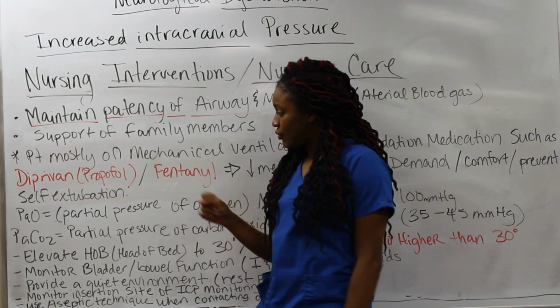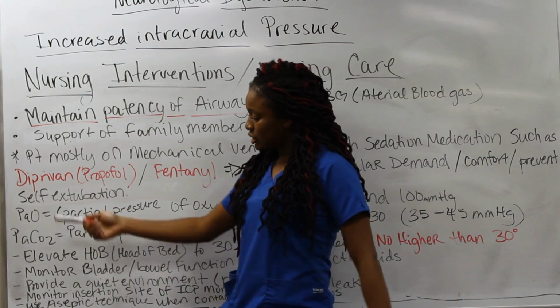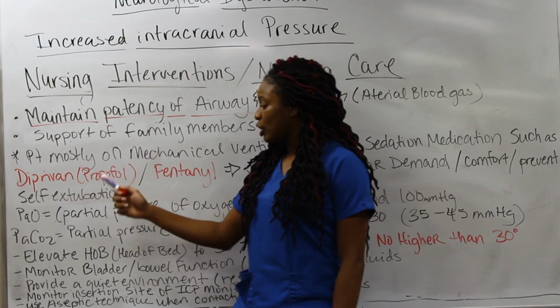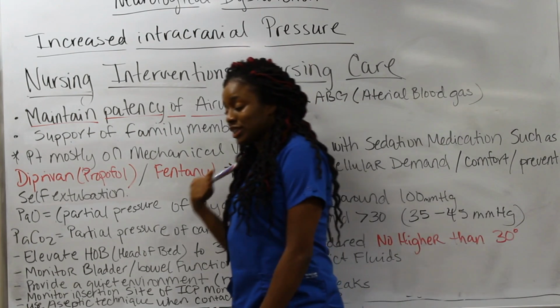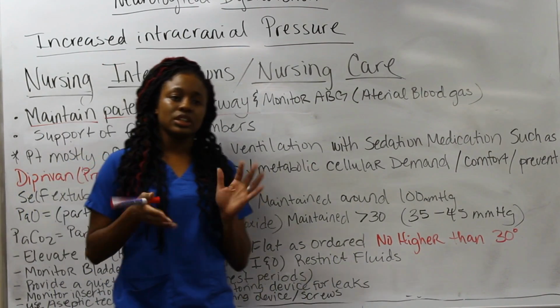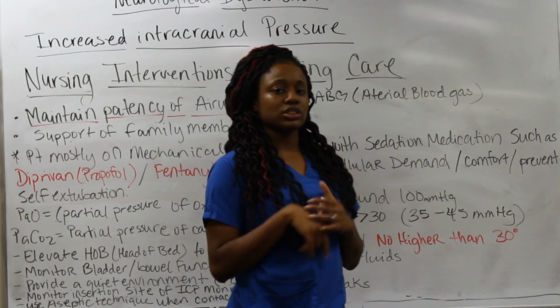While they're on the vent, and not even just on the vent but in general, there are some measurements you want to pay attention to. You have PaO2, the partial pressure of oxygen, and you want to maintain that around 100. 80 to 100 is the leeway, but you want to lean toward the 100 side.